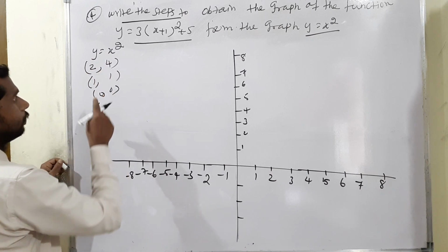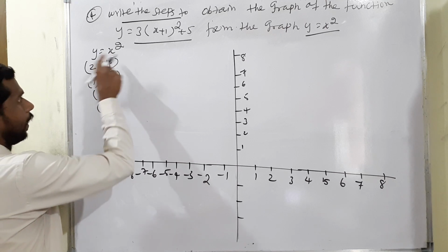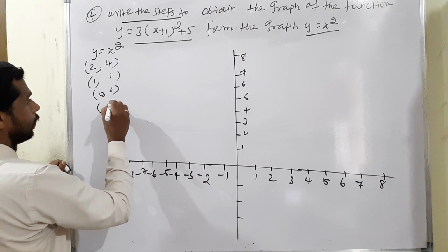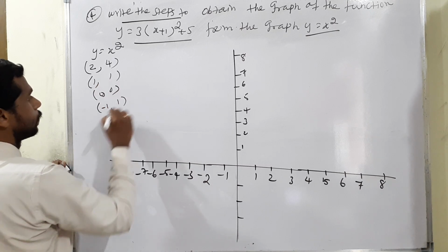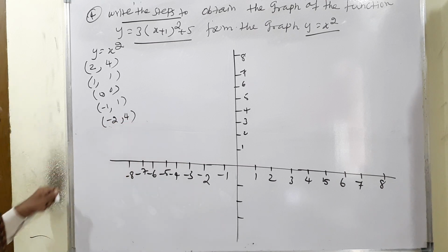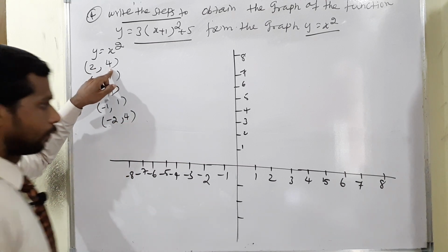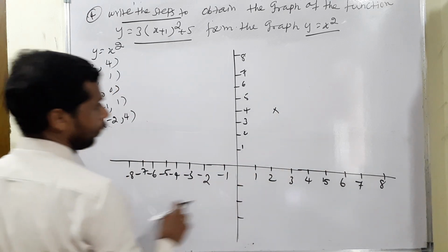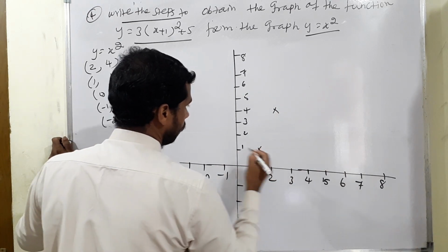At the same time, for a negative term, negative 1 the whole square is also positive 1, isn't it? Negative 2 the whole square is also positive 4. Just to plot the terms: (2, 4), first graph (2, 4). Next case (1, 1).